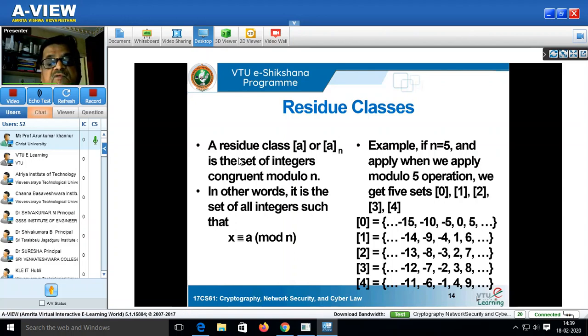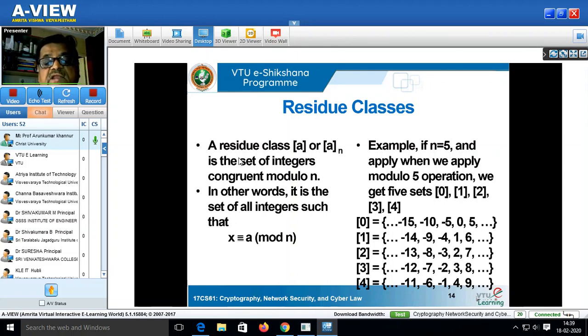Similarly, for residue 2, when we perform the congruence operation with n equal to 5, minus 13, minus 8, minus 3, 2 and 7 give rise to residue 2.